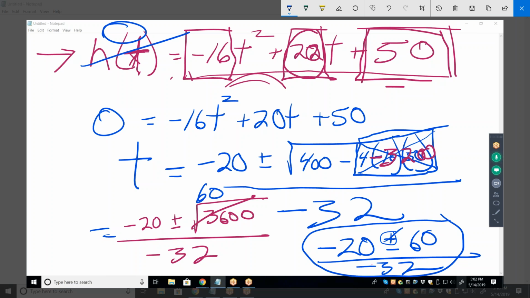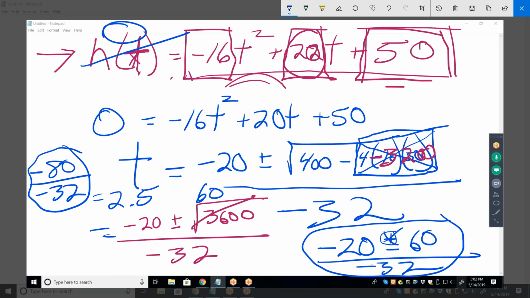So I don't want to use the plus, but if I use the minus, then I got minus 80 over minus 32. That is a positive number. Go ahead and get that in your calculator. Okay. That's 2.5. So 2.5 seconds after the ball is shot into the air, it hits the ground.